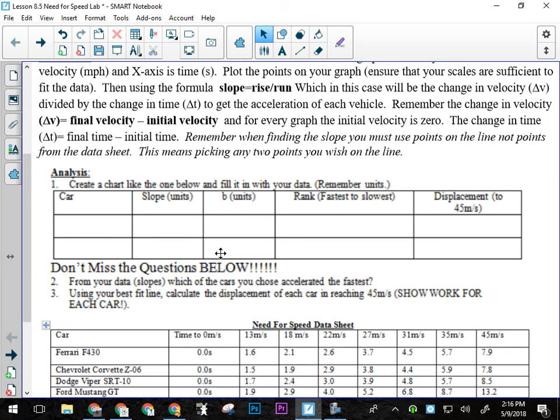Now, how do we calculate displacement from a velocity versus time graph? Right, we're looking for the area underneath the line, but there's a little bit of a trick here. I'm going to show you that in a sec.